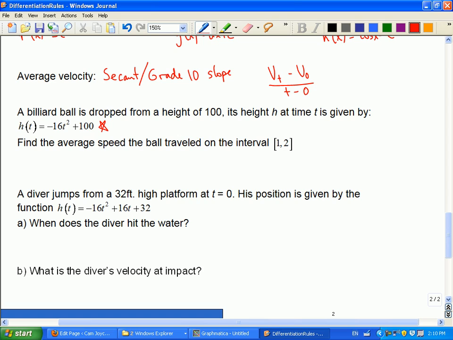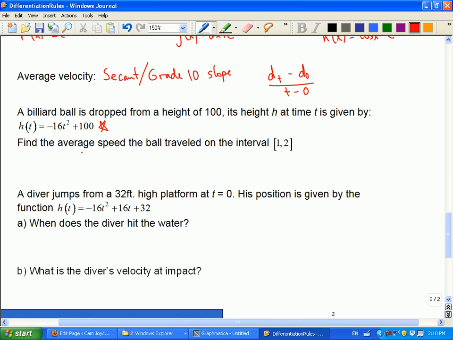But what's the average speed if we wanted to figure out as it goes from time 1 to time 2? Well, average speed is just that slope you knew before. Average speed is the average rate of change. So let's find out, oh yeah, sorry, I guess that would be average velocity. My apologies, that should be distance. I guess I got too excited about the physics there.